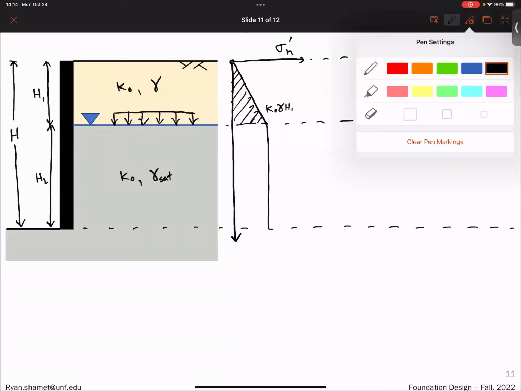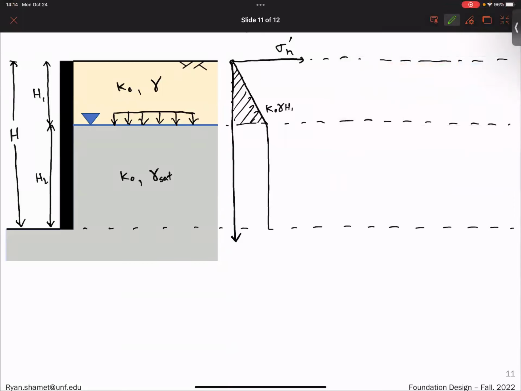So we should use a different color. Also, since it's a different K, it'll probably be a different slope, but this would be from the second soil condition. So this here would be from K naught, gamma, H2. Since this is underwater, we use the submerged unit weight.